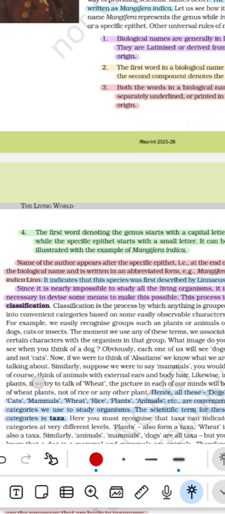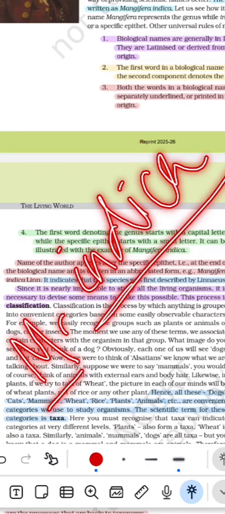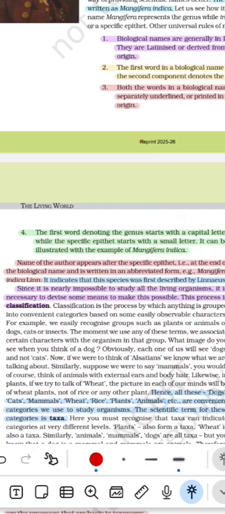Example: Mangifera indica Linn. If we write Mangifera indica, we'll just underline this. Linn. is not underlined, normal form. It indicates that the species was first observed by Linnaeus. First observed by Linnaeus means that the species was discovered and named by Linnaeus. First identification and nomenclature is done by Linnaeus.